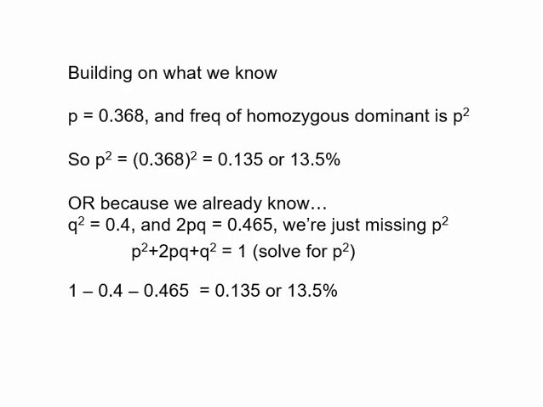So 0.368, take that and square it, you get 0.135, which is 13.5%. Another way to approach this would be, we already know the frequency of the homozygous recessive and the heterozygotes. You could just subtract that from 1, or if you're working with percentages, from 100%. And you would end up in the same place here, 0.135 or 13%.